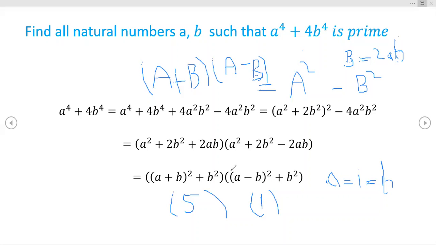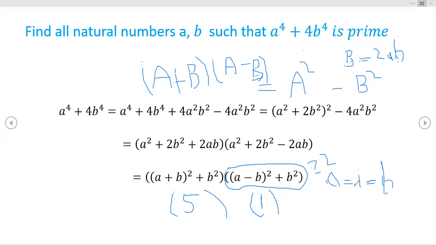And again, what I'm trying to say here, this piece right here that I hope it'll let me circle, is always going to be greater than or equal to 2. I should probably just say greater than 2, but let's just say greater than or equal to 2 is good enough.